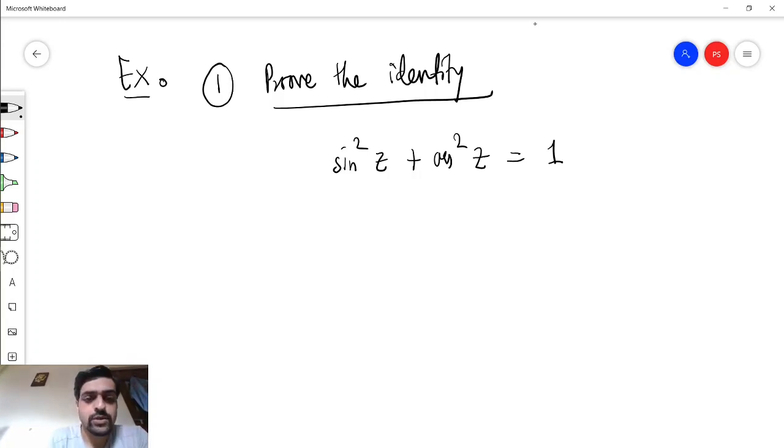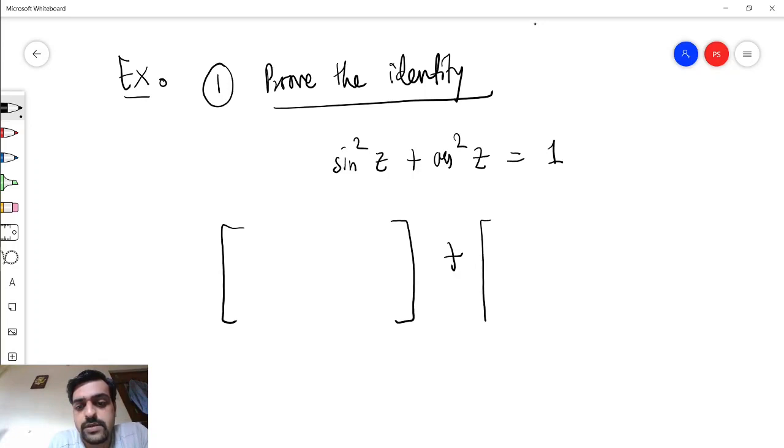So how do we approach? In order to prove this, I will just give hints. Put the formula for sin z, put the formula for cos z, take squares.